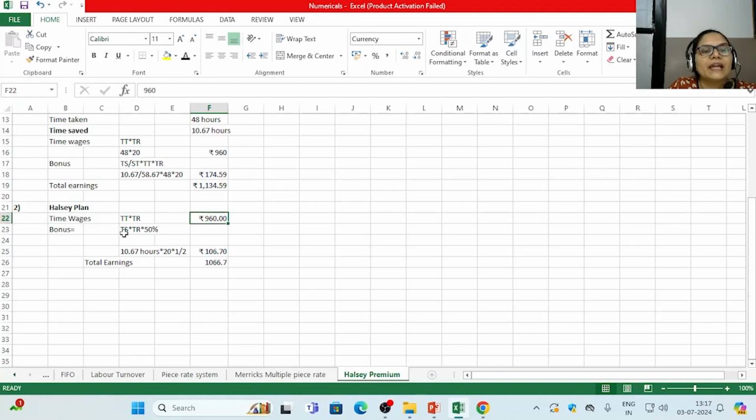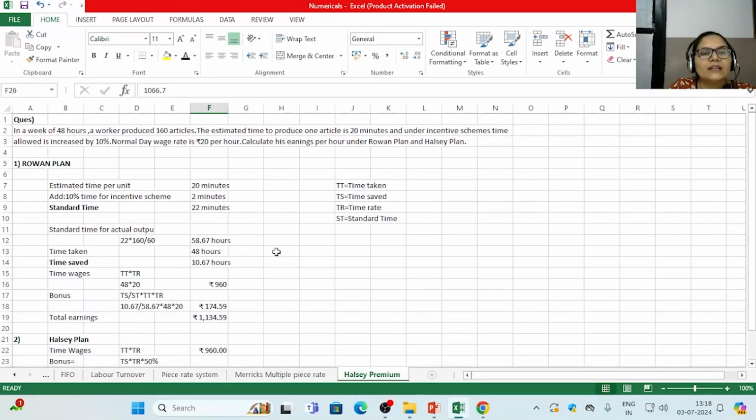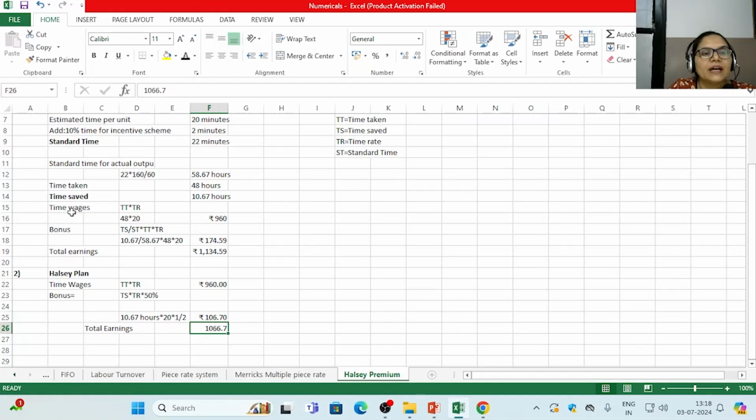And bonus will be time saved into time rate multiplied by 50%. 50% of time saved is the bonus calculated as per the rule of Halsey plan, which will give you 10.67 hours into 20 into 1 by 2, that is 50%, a figure of rupees 106. So total earnings will be 1066.7.